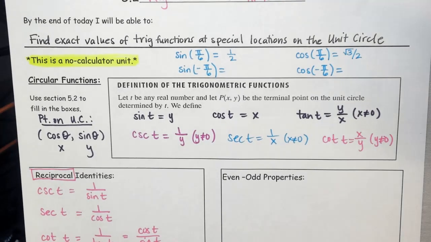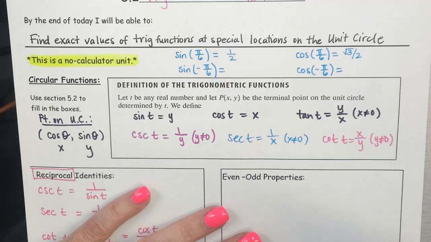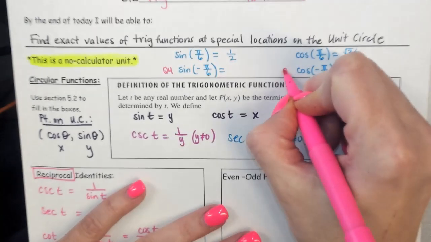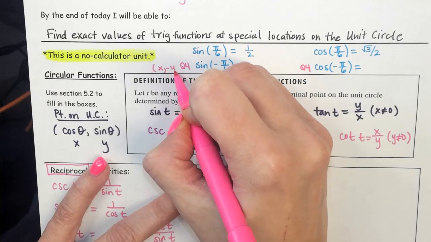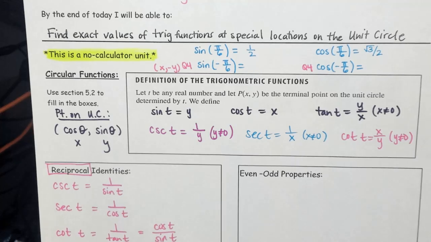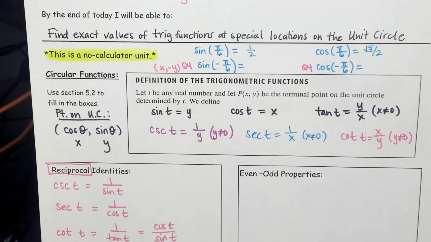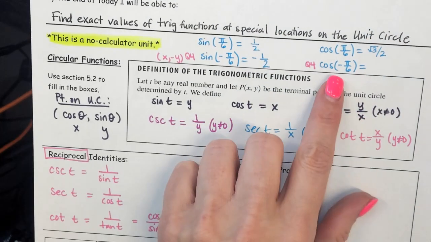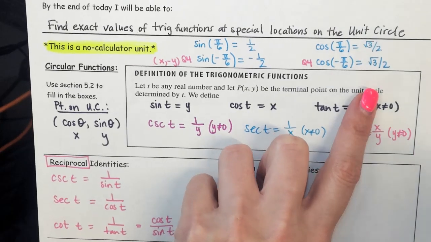So what quadrant is negative pi over 6 in? Yep, quadrant 4. Okay, so in quadrant 4, your x value is positive, your y value is negative. Okay, which means your sine value, which is y, is going to be negative 1/2. And for the cosine, it's going to be the same. It's going to be positive root 3 over 2.